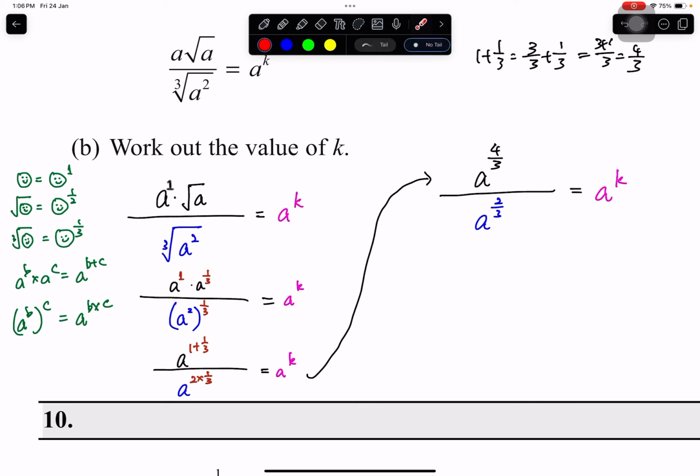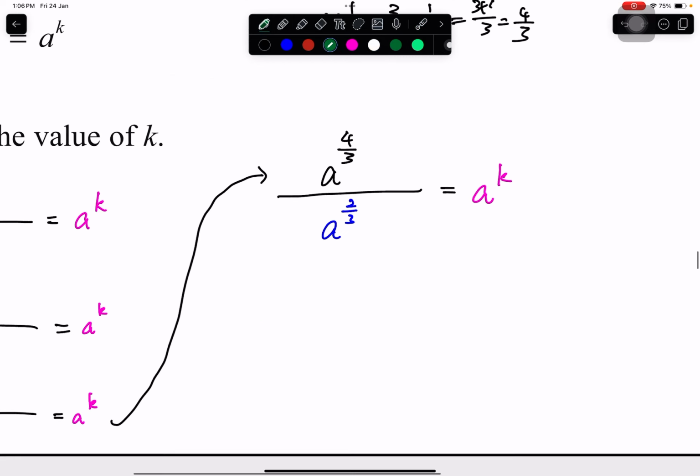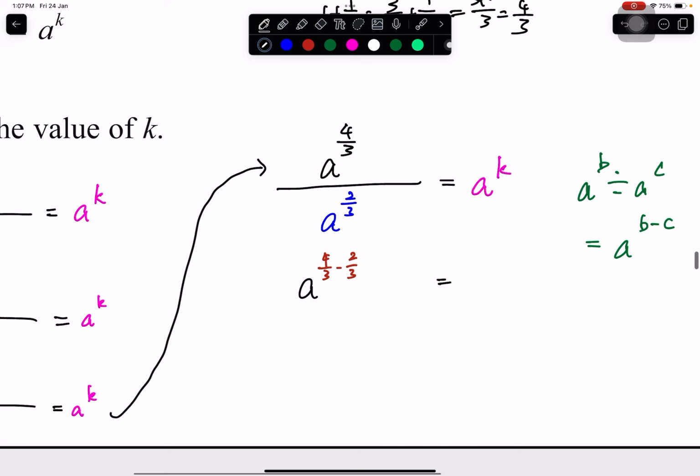Nothing changed. So now here it's a to the power of something divided by a to the power of something. We have another rule, which is a to the power of b divided by a to the power of c equals a to the power of b minus c. So then we're going to have a to the power of 4 over 3 minus 2 over 3, and that equals our a to the power of k.